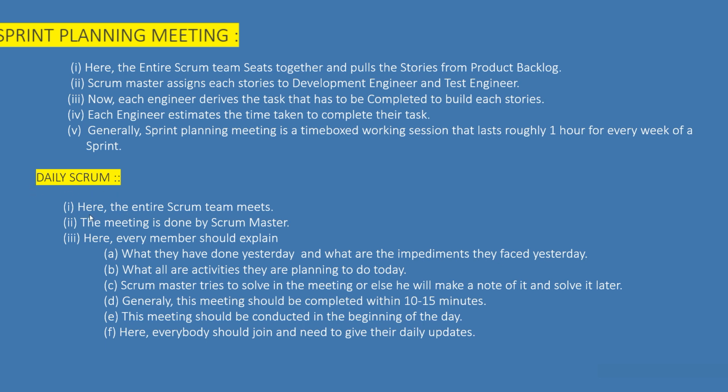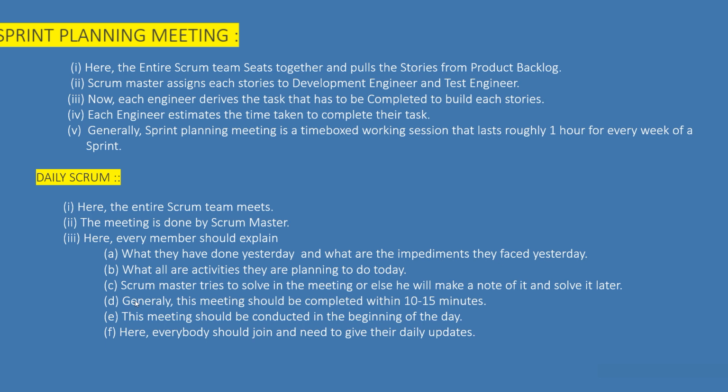Here the entire Scrum team meets, and the meeting is run by the Scrum Master. Every team member should explain what they did yesterday, what activities they are planning to do today, and what impediments they expect in order to complete the job.